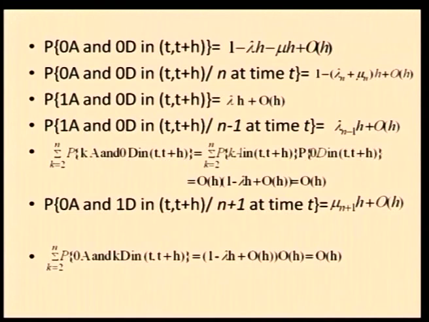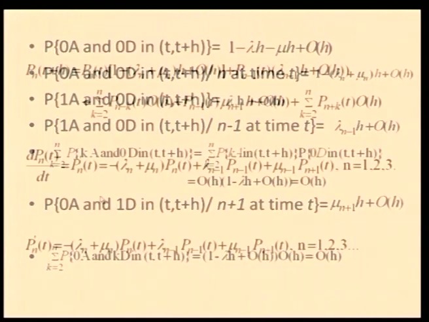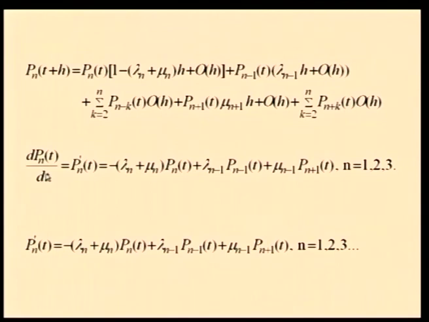We arrived at the differential difference equation, namely dPn(t)/dt, or Pn dash t, is minus of lambda n plus mu n into Pn(t) plus lambda n minus 1 Pn minus 1 of t plus mu n plus 1 into Pn plus 1 of t, for n equal to 1, 2, 3 and so on.